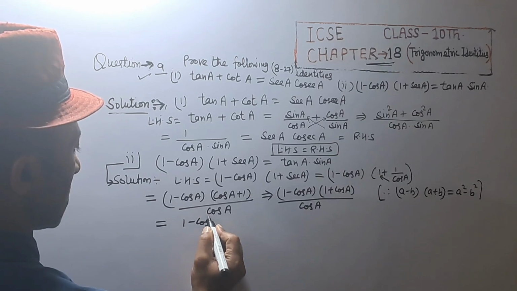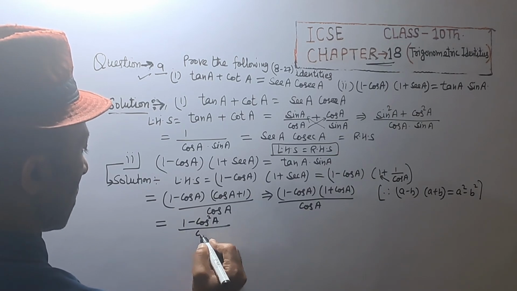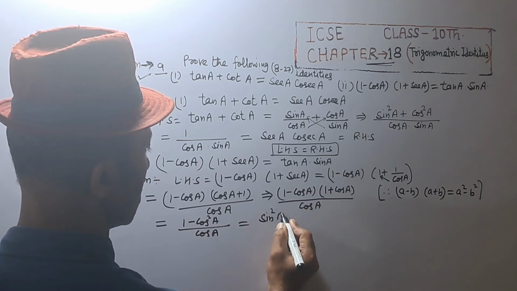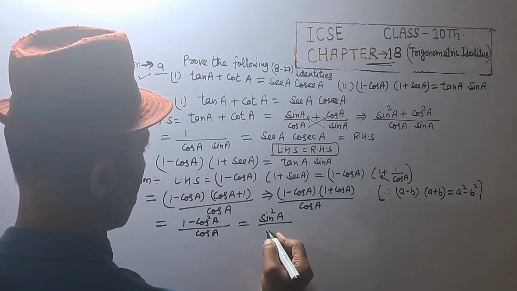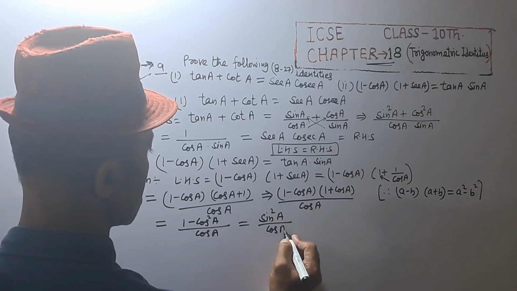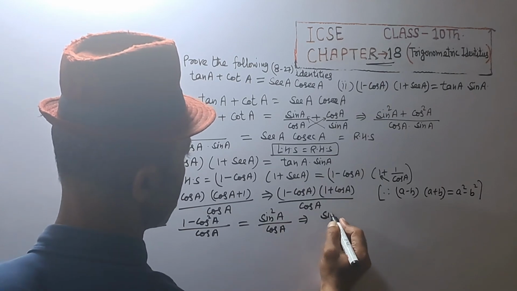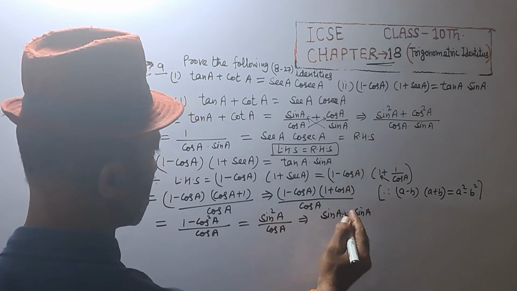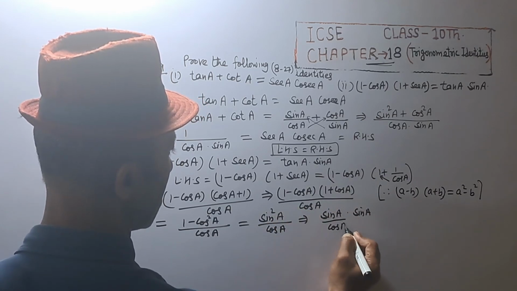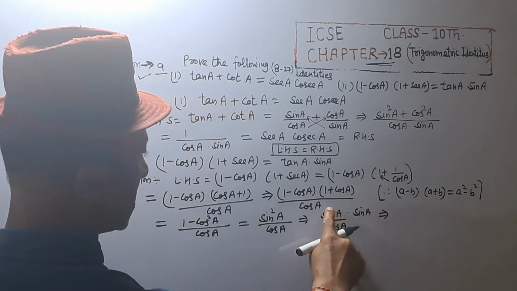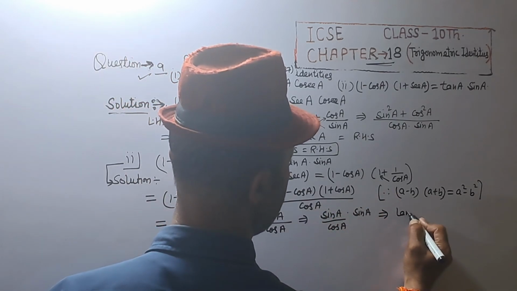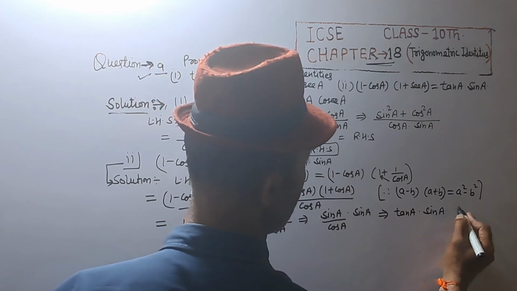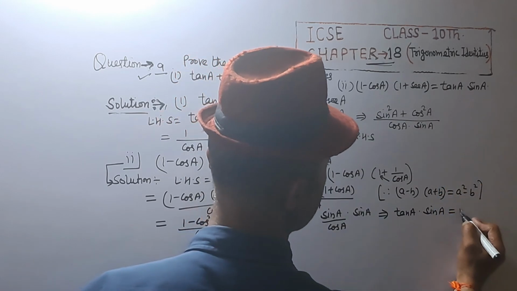1 minus cos square A upon cos A. 1 minus cos square A, that is equal to sin square A upon cos A, which implies sin A into sin A, that is sin square A, divided by cos A, which implies sin A upon cos A is equal to tan A into sin A. That is right hand side.